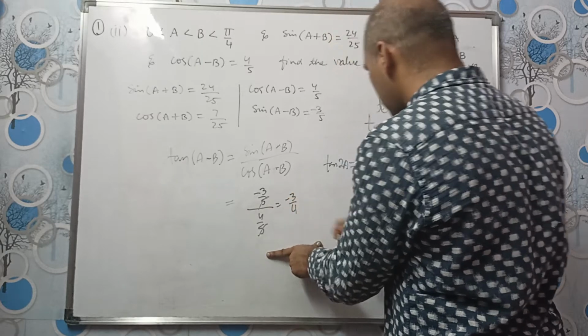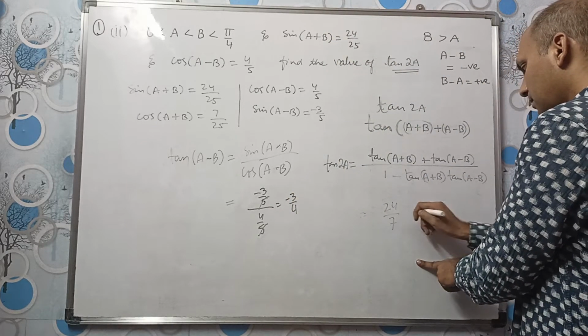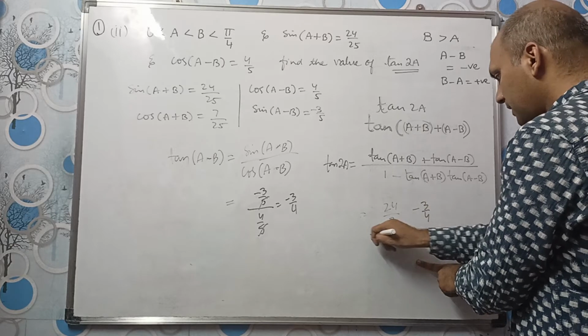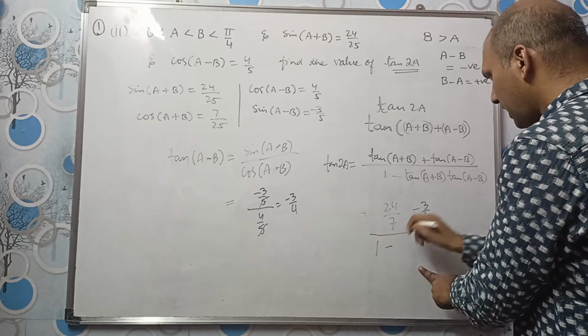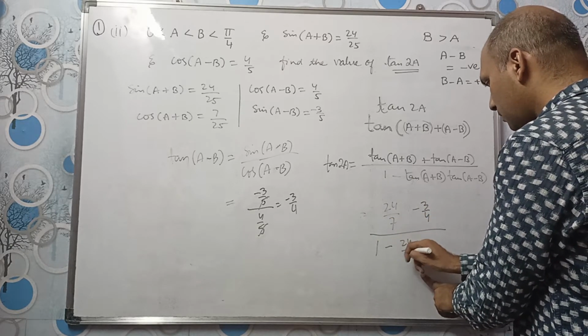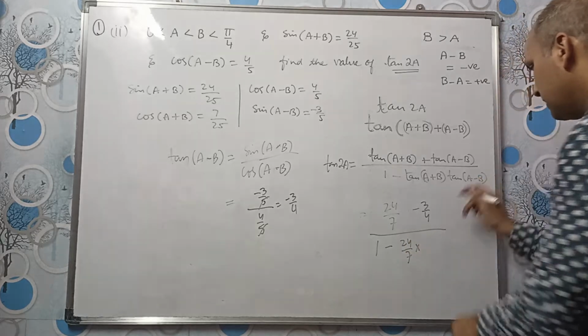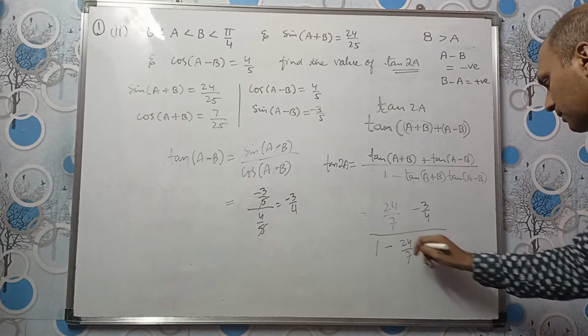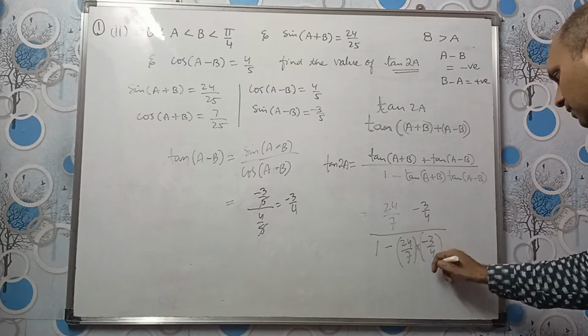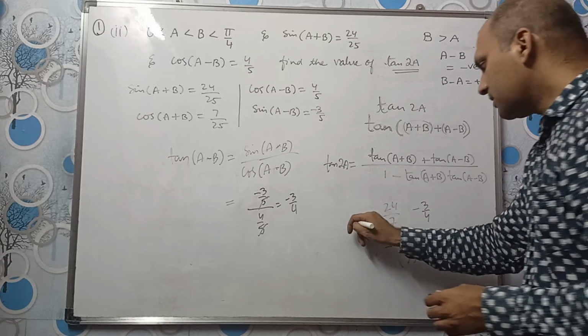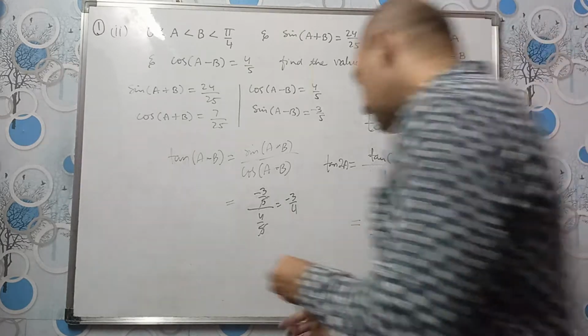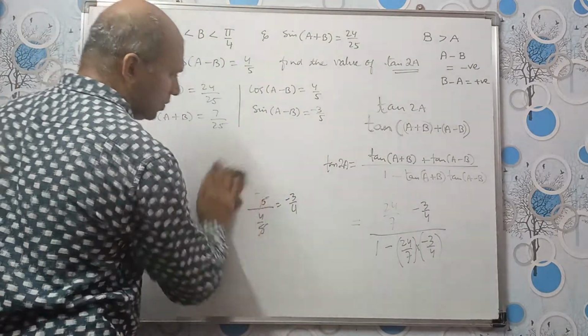Minus 3 by 4. So this is minus 3 by 4 divided by 1 minus 24 by 7 multiplied by minus 3 by 4. Now normal simplification will give us the value of tan 2A.